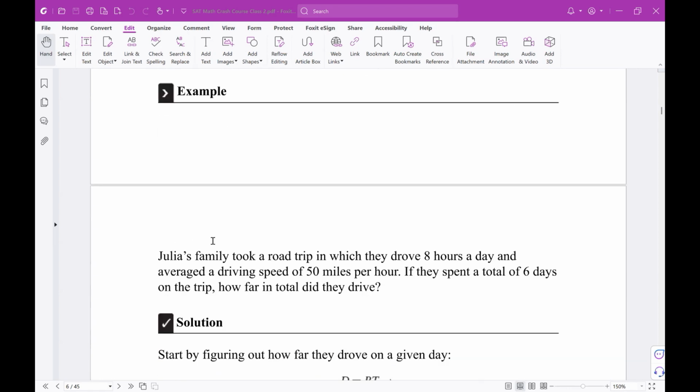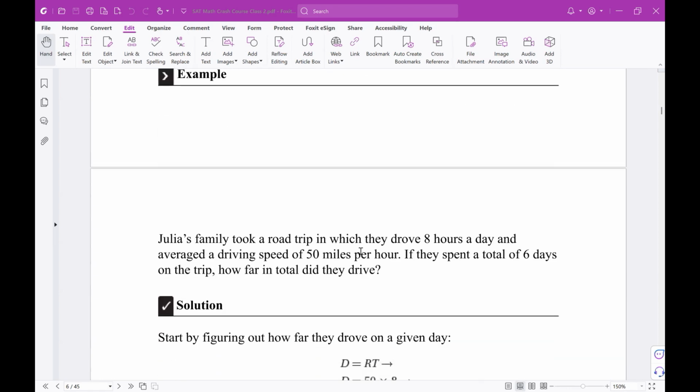Julia's family took a road trip in which they drove 8 hours a day and averaged a driving speed of 50 miles per hour. If they spend a total of 6 days on the trip, how far in total did they drive?